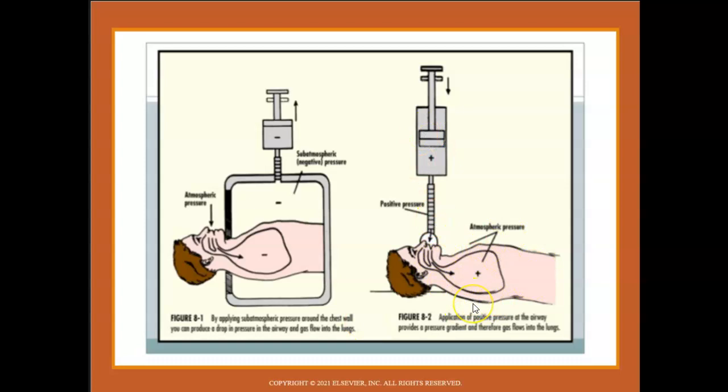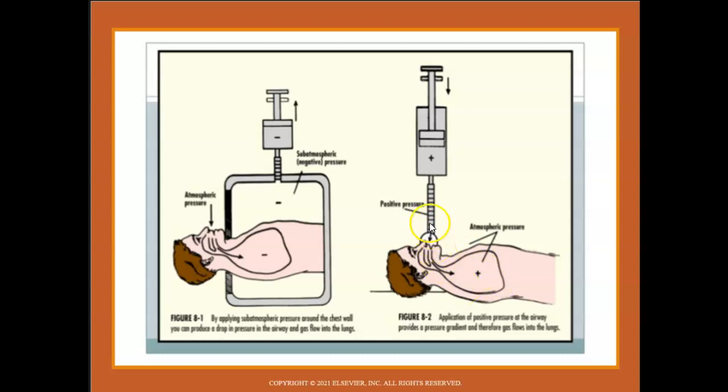Your positive pressure ventilation, which is what we've been talking about, is using a machine to increase that atmospheric pressure, right? So it's adding pressure here at the airway opening. So this becomes more positive. This pressure gradient is created by adding pressure here rather than taking pressure away down here.